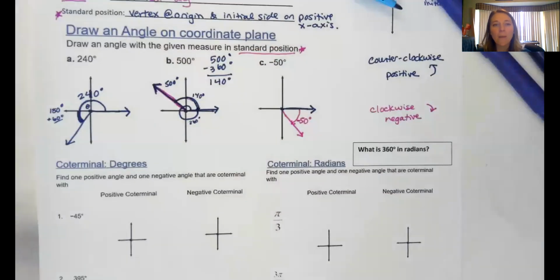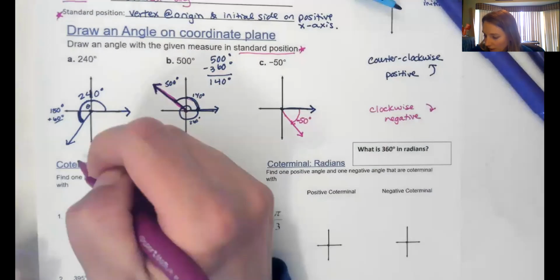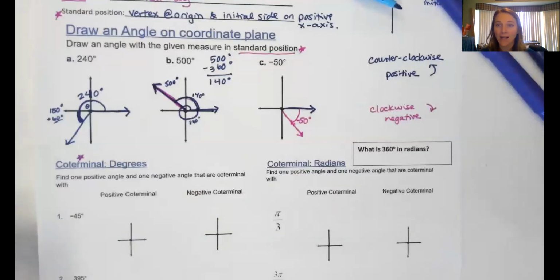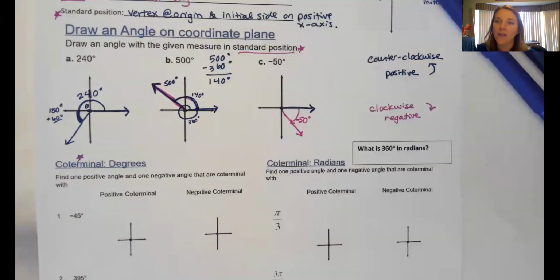And so what's neat about 140 degrees and 500 degrees is that they're called coterminal, where they actually share the same terminal side. They take different paths to get there. They're technically different angles, but they share the same landing spot. They share the same terminal. And terminal is kind of a word that I think of like an airport.